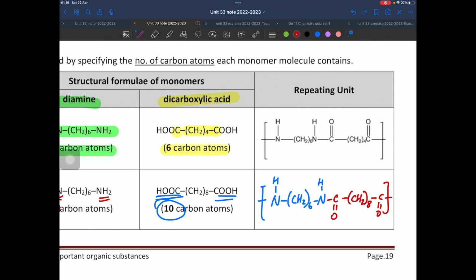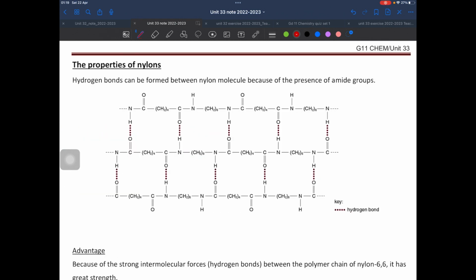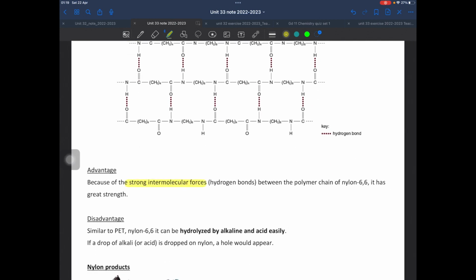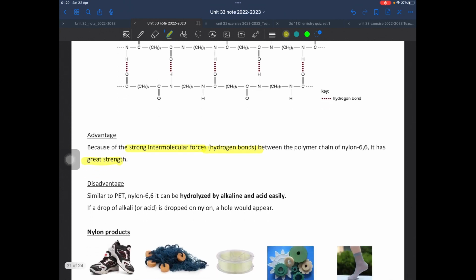This is not correct. Unlike the polyester, for nylon, because there are hydrogen bonds between the nylon molecules, we can expect that there are strong intermolecular forces or hydrogen bonds between the nylon molecules, making it greater in strength compared with polyester.